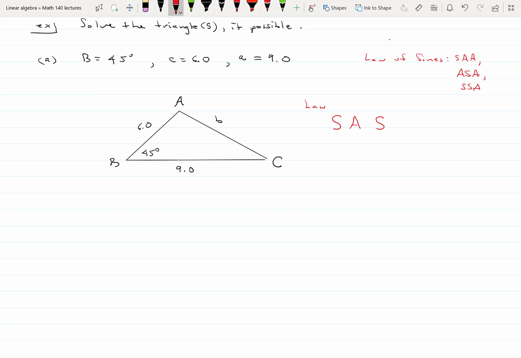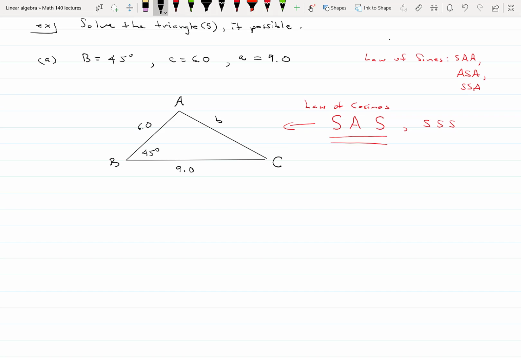So the law of cosines handles the only two remaining cases, the side angle side, which is our current case, or side. There is no case angle because it's impossible to solve for a triangle if you're given three angles. So we're in the case side angle side. So we're going to use the law of cosines.